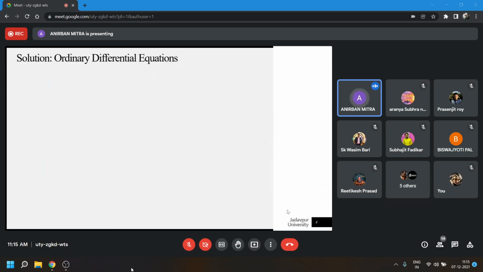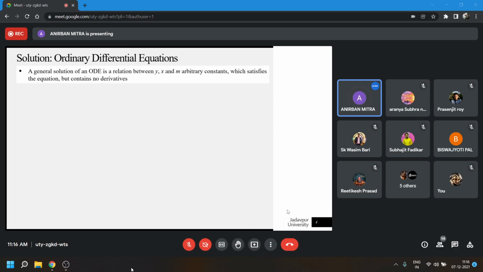Now, what do we mean by this solution of ordinary differential equations? A particular solution of the ODE would be a relation between the variables y, x, and m number of arbitrary constants, which satisfies the equation.